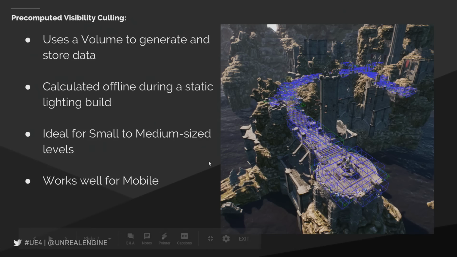All right, so precomputed visibility. This is another one. We tend to use this one more for mobile projects, but it can be used for medium and small size levels, ideally. What you're getting is you place some volumes around, and you typically place these in your playable areas for your characters. Whenever you do a lighting build, for each one of those cells it's storing the data of what actors are visible from that point.